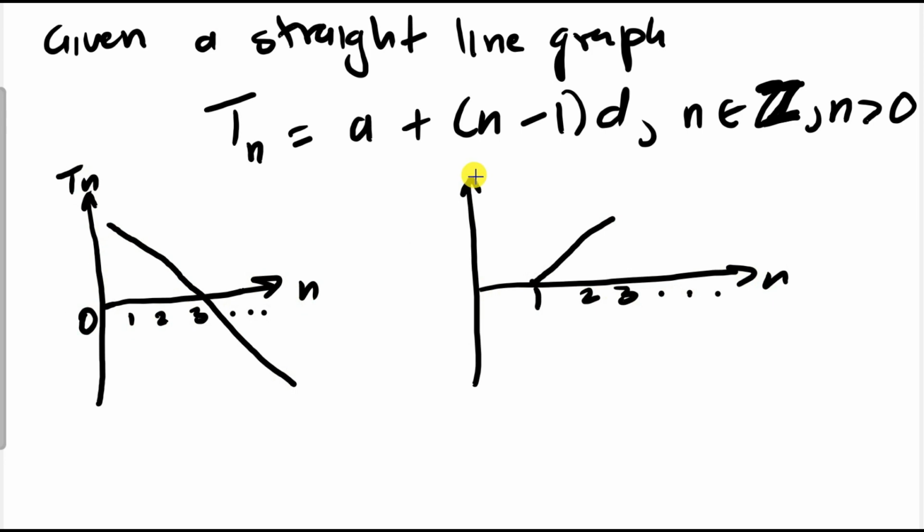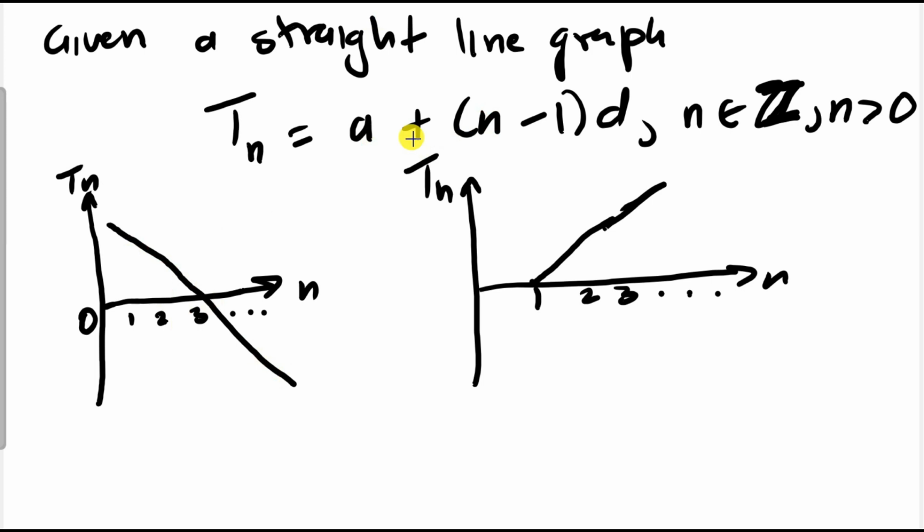So what I'm trying to show you here is that sometimes they will say this graph represents a pattern or a sequence, and from this graph they will ask you to find the general term. When they say find the general term, it means use your knowledge of finding the equation of a straight line.